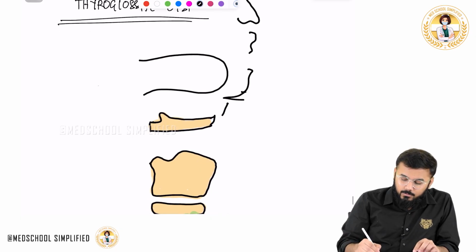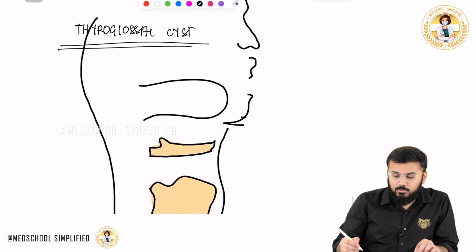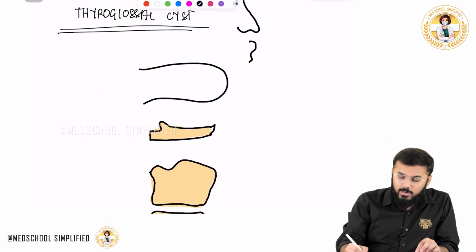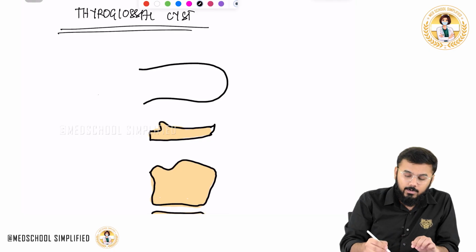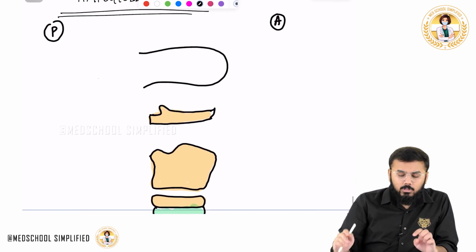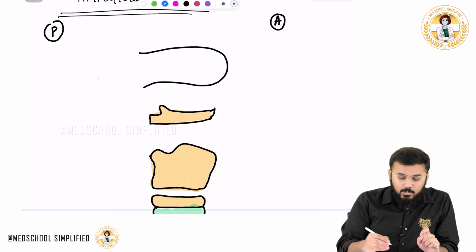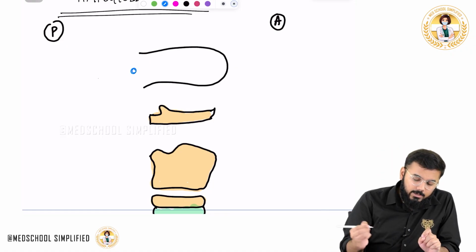You see, this is your neck. This is a skull like this, right? So I'm just rubbing it out now. Why I have drawn this picture is that I just wanted to tell you that this is your anterior side and this is your posterior side. This is on the front, that is on the back. Now on the posterior aspect of your tongue, you have a small opening here.